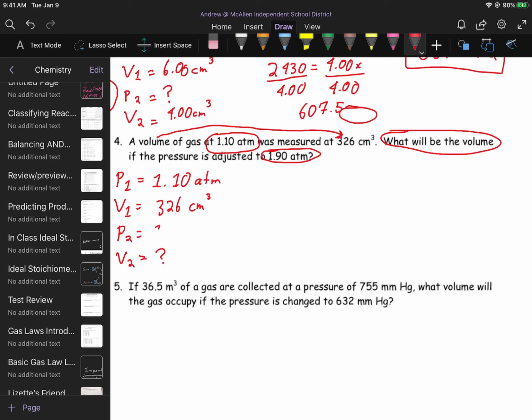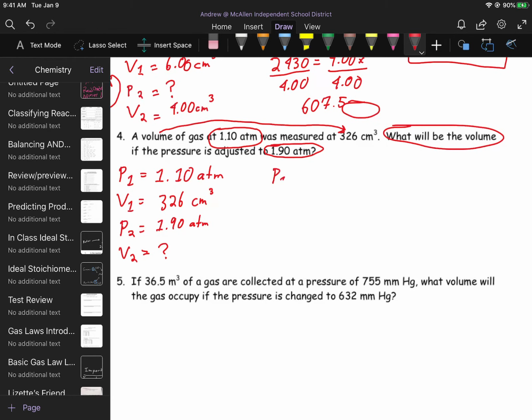If the pressure is adjusted to 1.90 atm. Okay, let's rewrite our formula. P1 times V1 equals P2 times V2. P1, 1.10, times V1, 326, equals P2, 1.90, times V2, which is unknown, X.